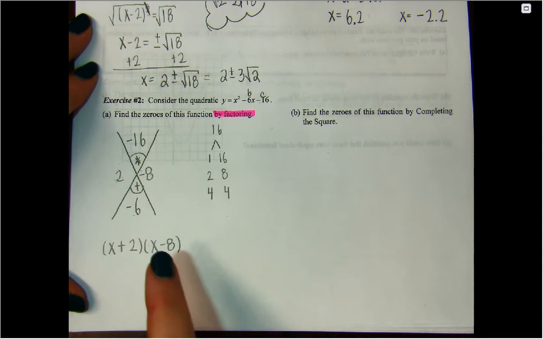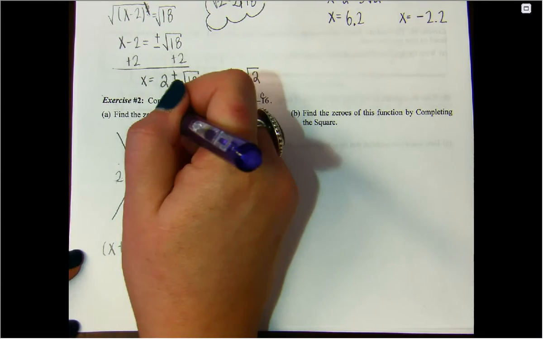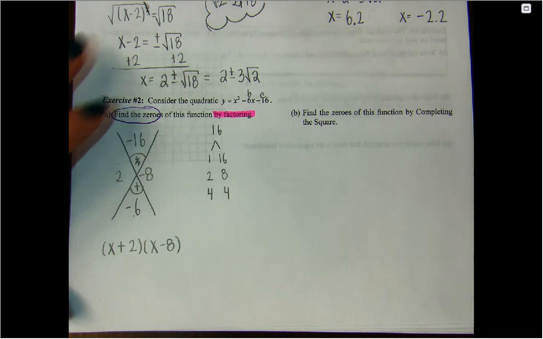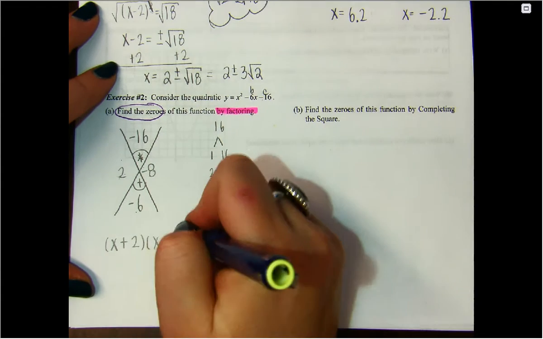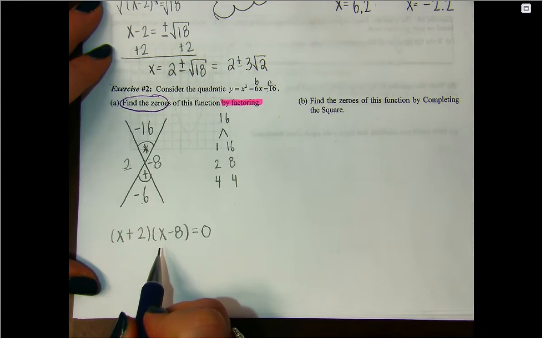So I found the factors, but what is this actually asking me to do? It says find the zeros. Well, if I'm trying to find the zeros, this product has to be equal to 0.